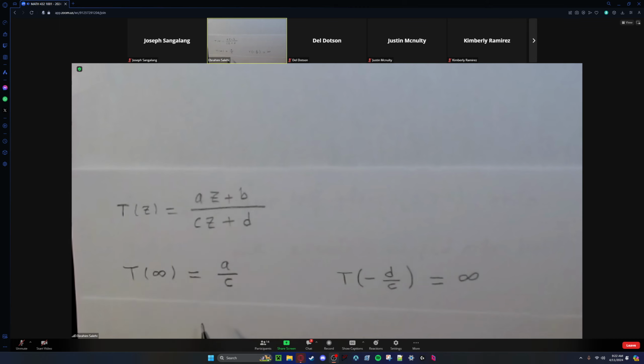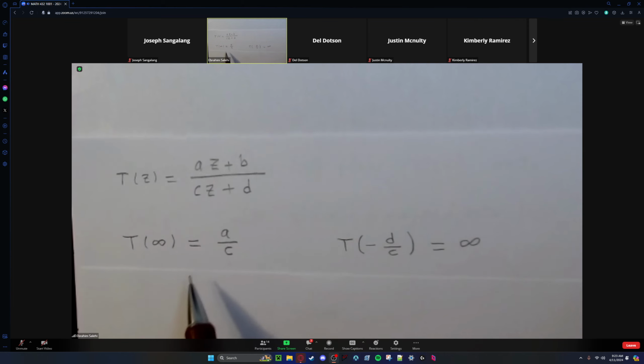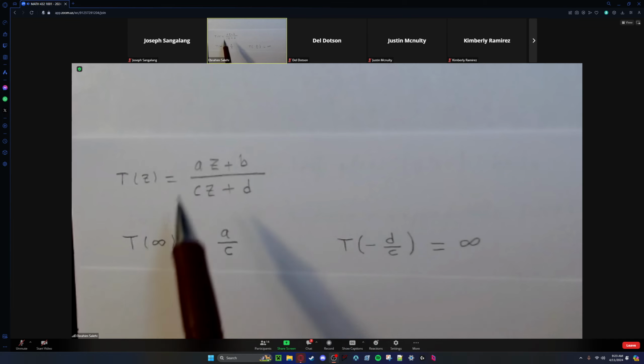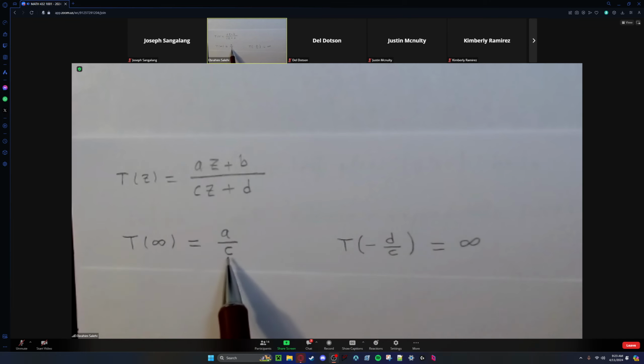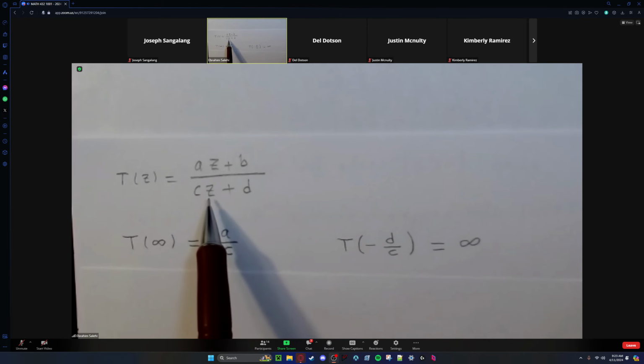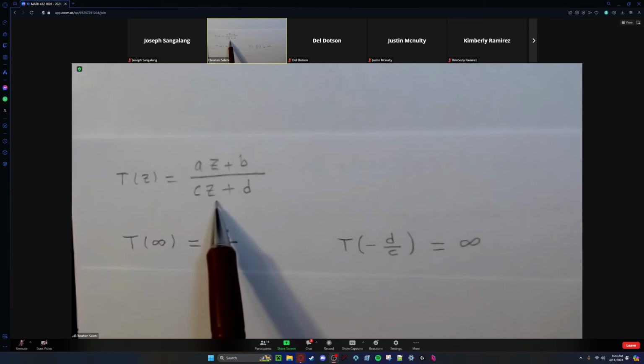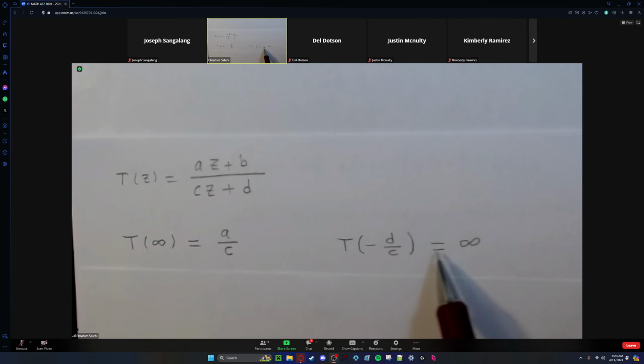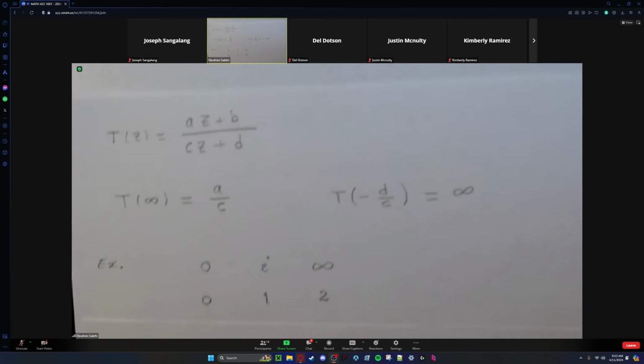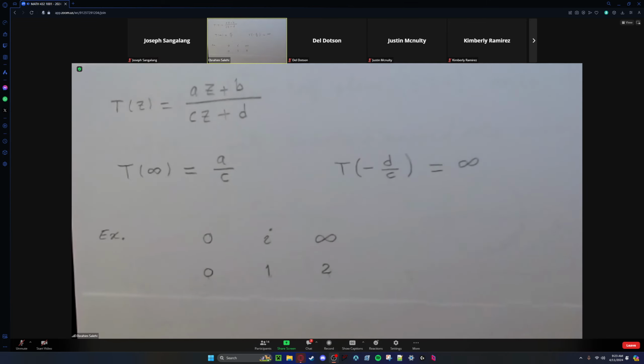So by these 2 conventions, if you plug infinity, you get a over c. If you plug negative d over c, denominator will be 0, we get infinity. By these 2, things will be a little bit interesting. As an example, here is an example.